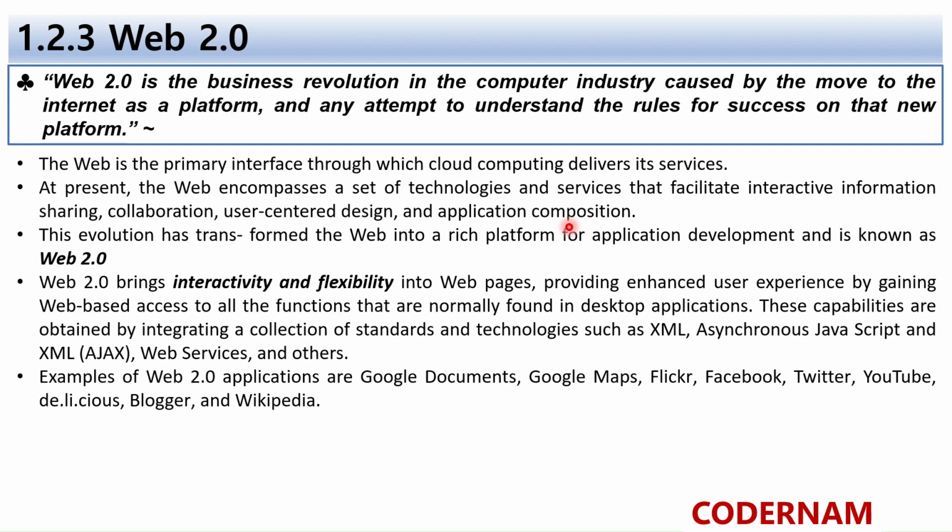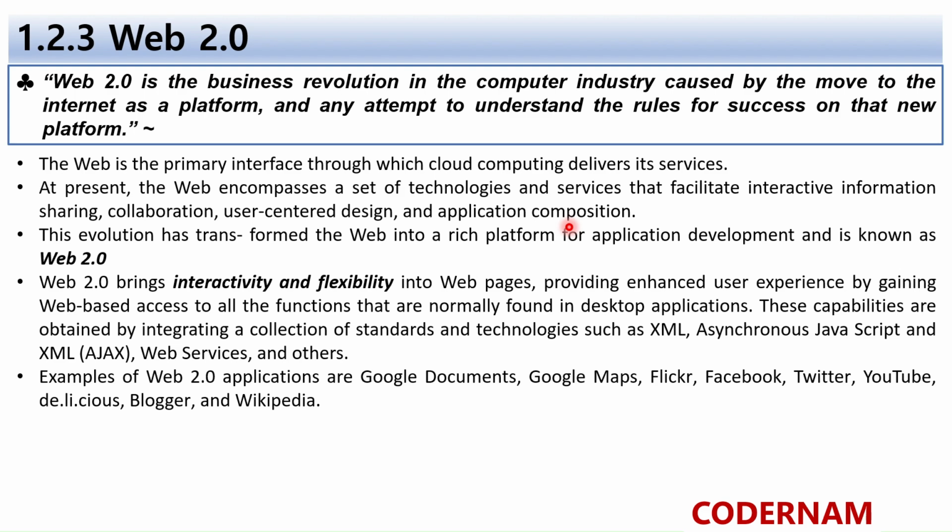So things changed when the web application came into emergence. Web 2.0 is the business revolution in computer history. It was caused by the move of the internet as a platform and any attempt to understand the rules for success on the new platform. The web is the primary interface through which computing delivers its services. It brings interactivity and flexibility to web pages.